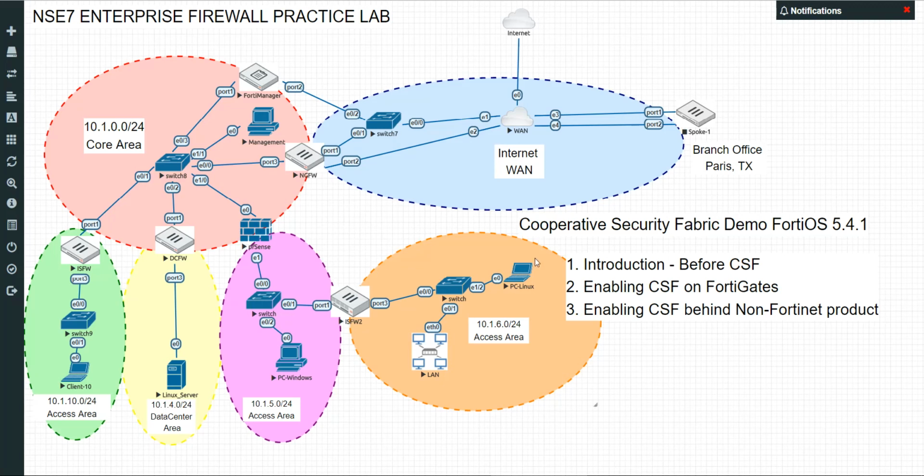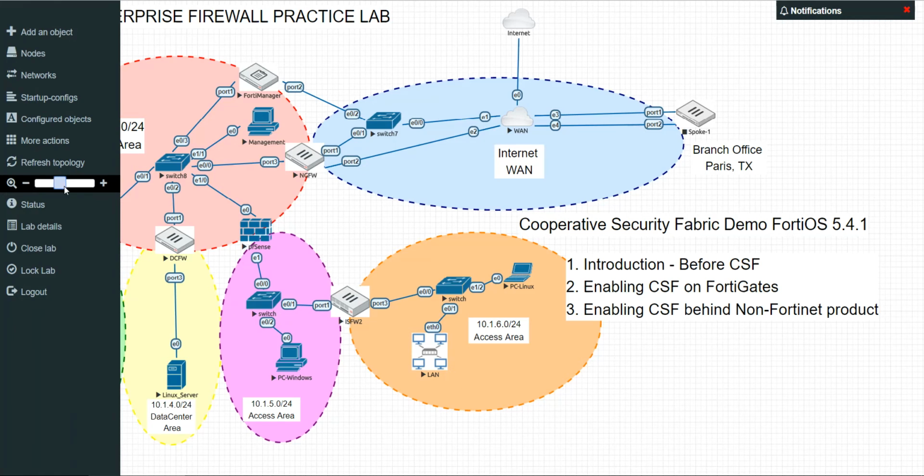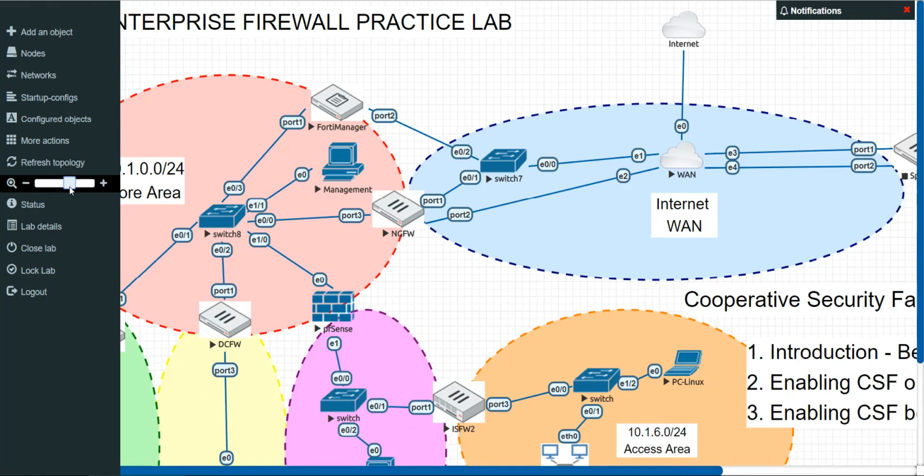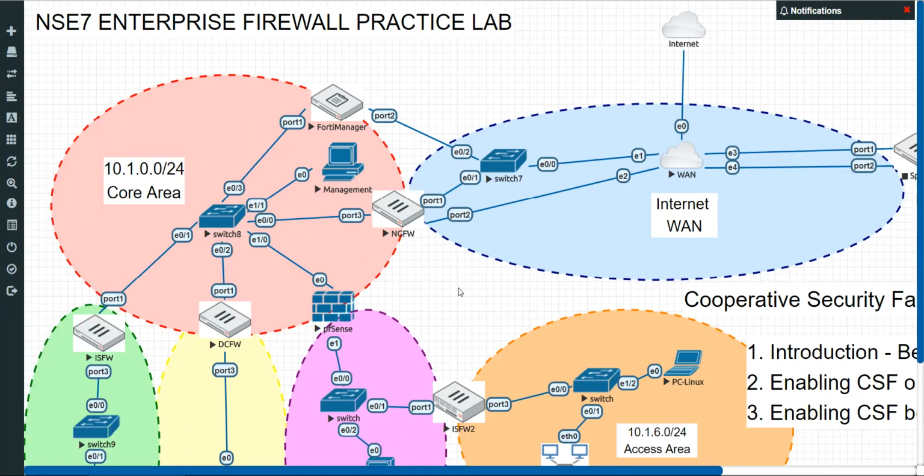So in the first video, we saw how it worked. But let me take a second here and zoom in. Before we hop in and start configuring this, there are some things to keep in mind. This next generation firewall is just a FortiGate that we've designated at the perimeter to act as our upstream FortiGate. All the other FortiGates in our topology are going to report to this upstream FortiGate using FortiTelemetry.